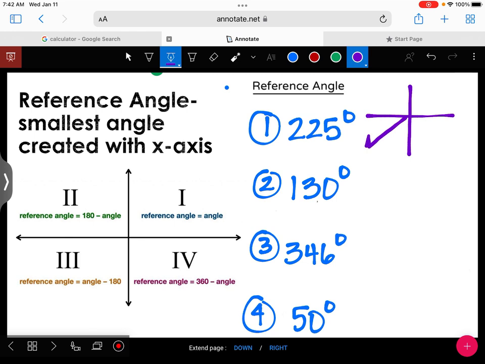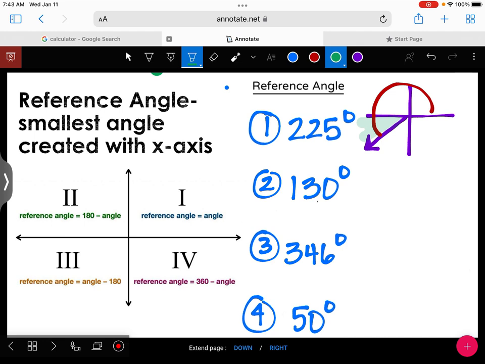So we'll say this is my angle. The 225-degree angle would be this, what I have marked in red. But my reference angle is the angle made with the closest part of the x-axis, so that would be just the little bitty part that I have in green.